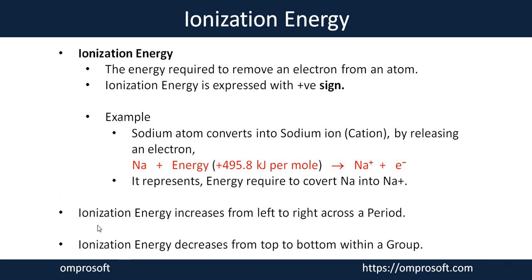If we move left to right across a period, the value of ionization energy increases. And why does it increase? Because as we move left to right across a period, the non-metallic character, or we can say the electronegative nature of the element, becomes strong, because in the outermost orbital the number of electrons increases, and the attraction between the nucleus and outermost shell electrons becomes stronger.